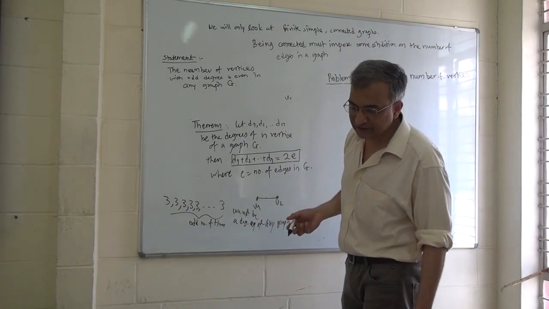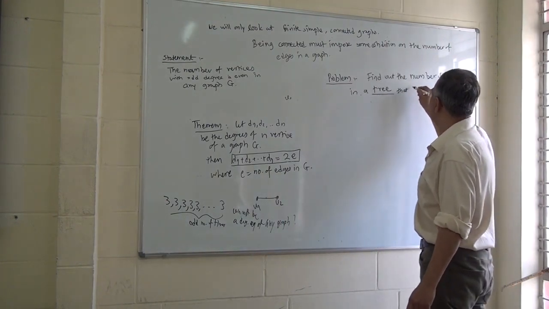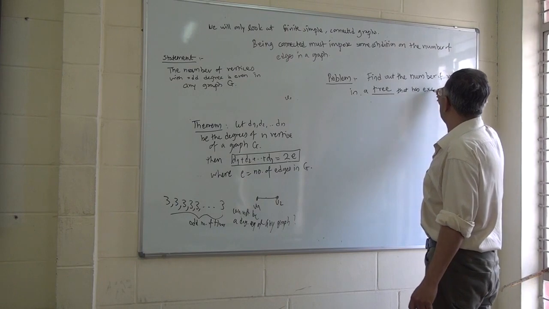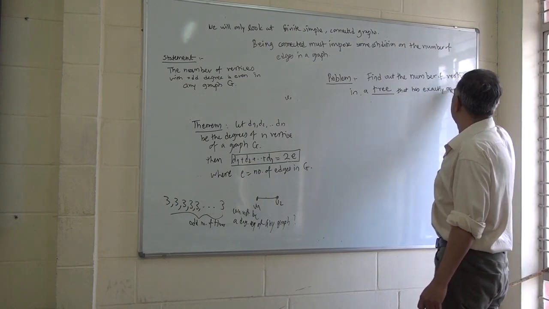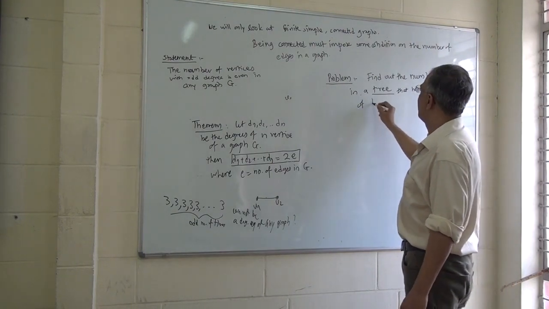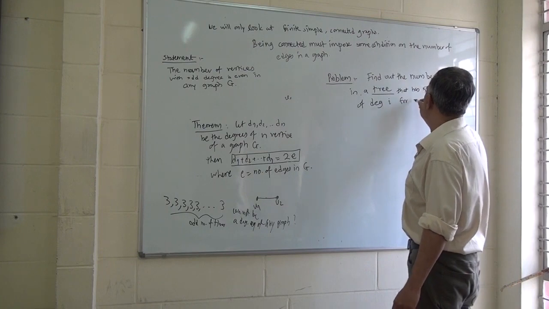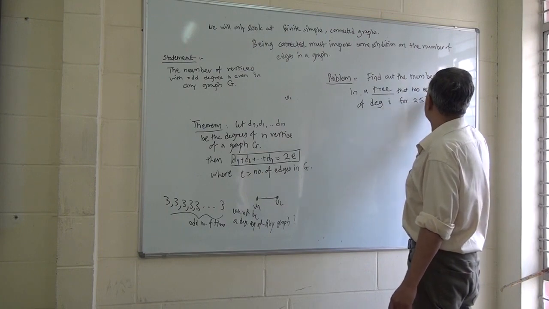Of course, this is not enough data, that has exactly one vertex of degree i for 2 less or equal to i less or equal to n.